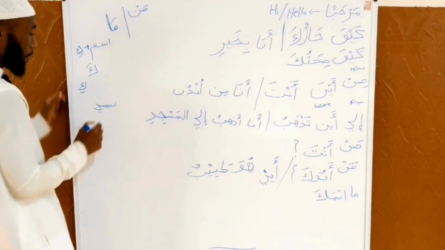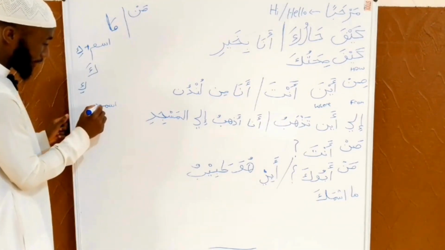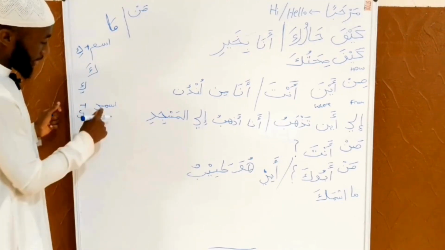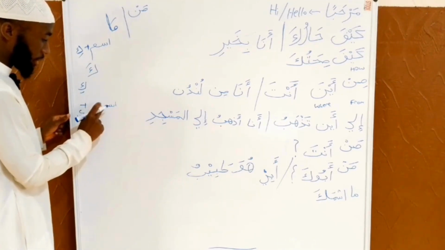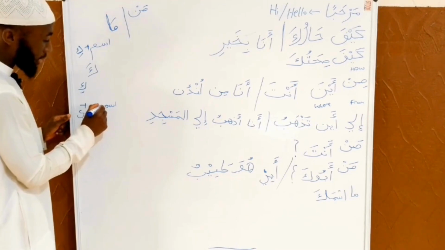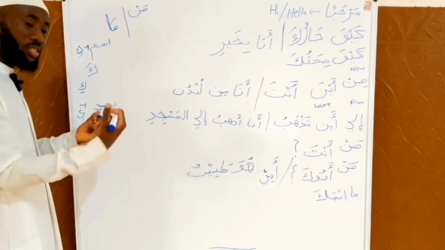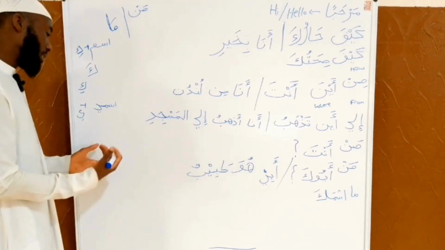Ismi. Now, I add this ya. It is what? Plus ya. That is me. Ya, it is what? Me. This is ismu. Then you add ya, when you want to say your name. Just say Ismi Idris.